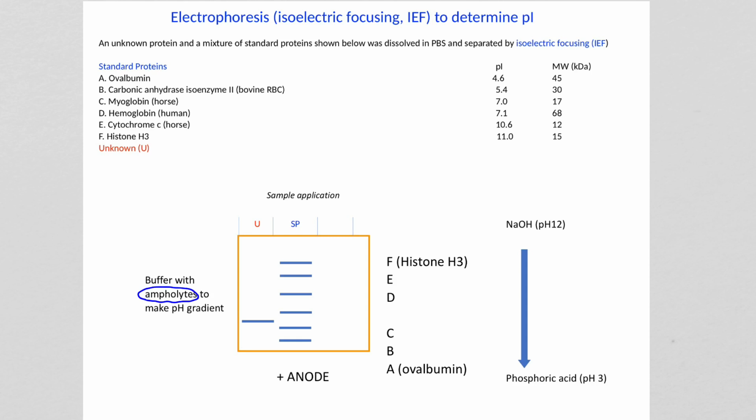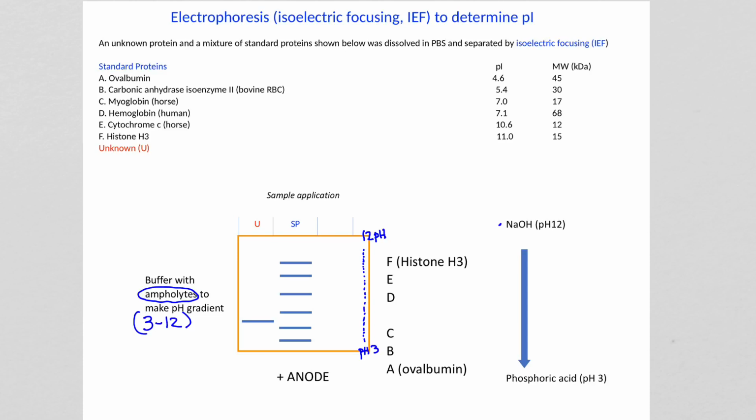Let's say we use an ampholyte that will give you a gradient of pH 3 to 12. So since sodium hydroxide is on the top, we will have a pH of 12 on the top of the gel, and then it will slowly go down, 11, 10, 9, 8, 7, 6, and so on, and the bottom of the gel will be pH 3.